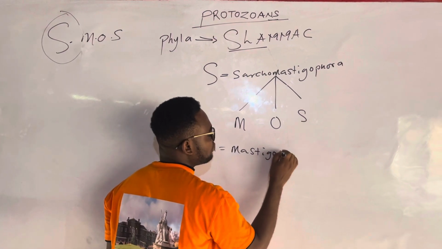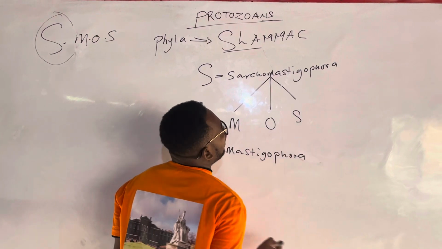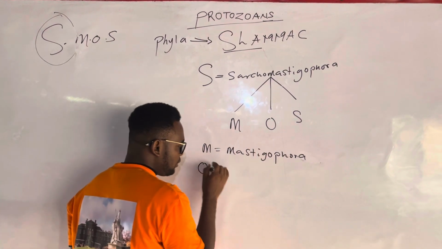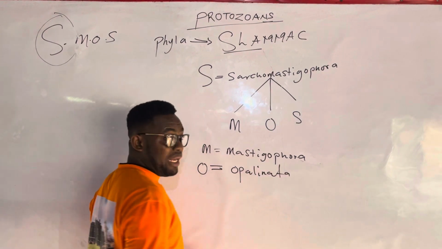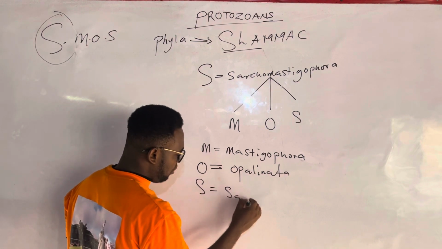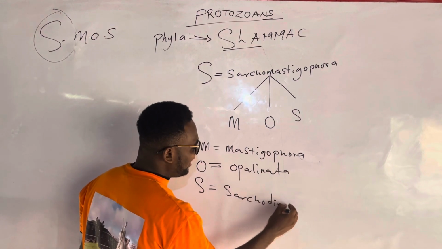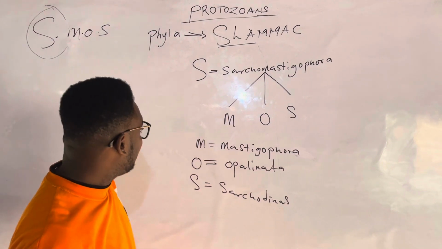Mastigophora. And then O stands for what? Opalinata. And the S stands for what? Sarcodinas.